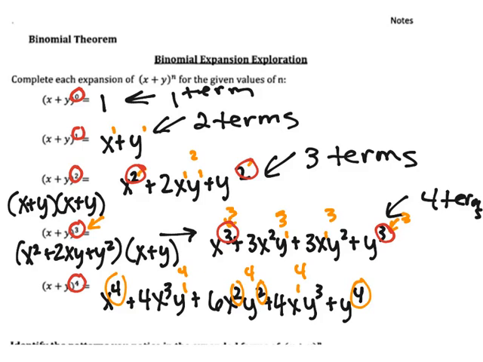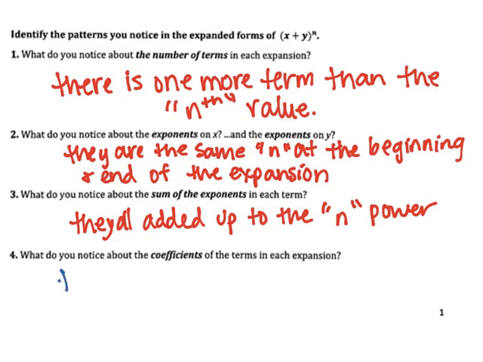So we've got 1, 2, 1, 1, 3, 3, 1, 1, 4, 6, 4, 1. Well, they all began and ended with 1.